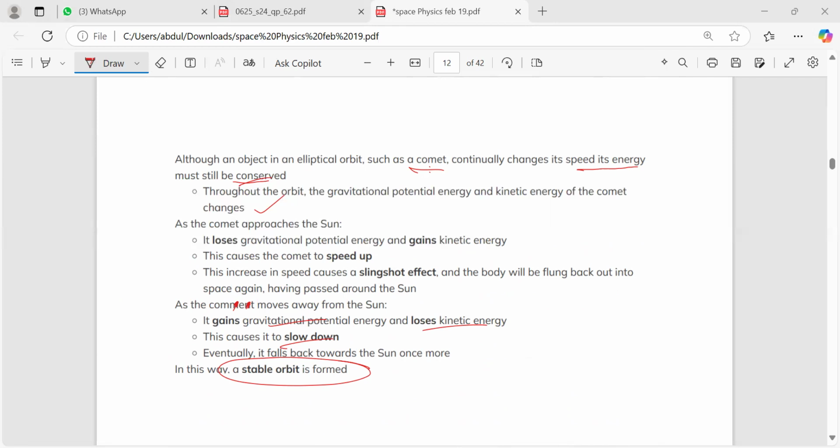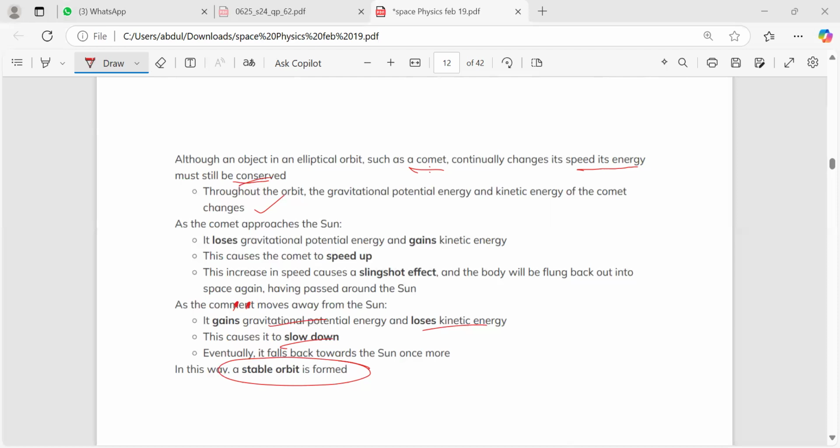Okay, my dear students, now you can observe that everything I was sharing with you is mentioned and written here. Although an object in an elliptical orbit such as a comet is continuously changing its speed, its energy must still be constant.